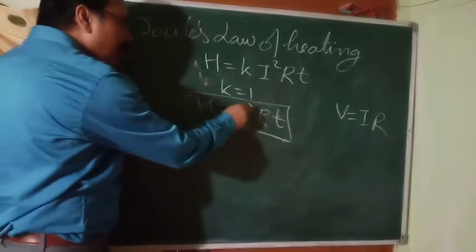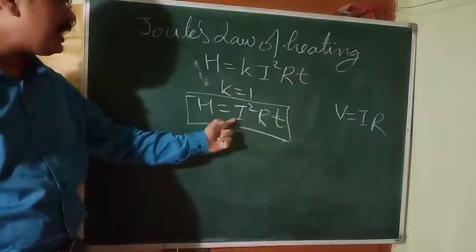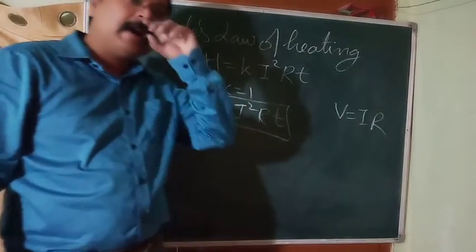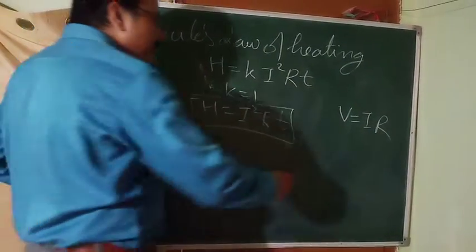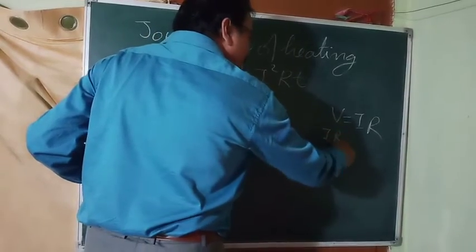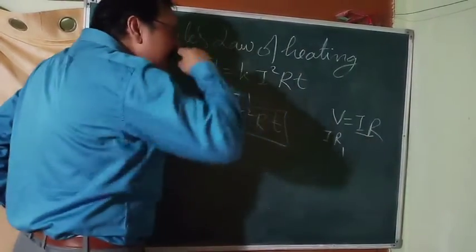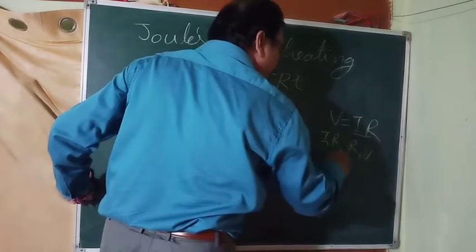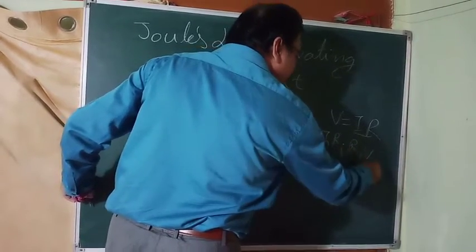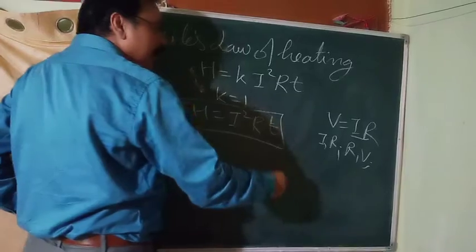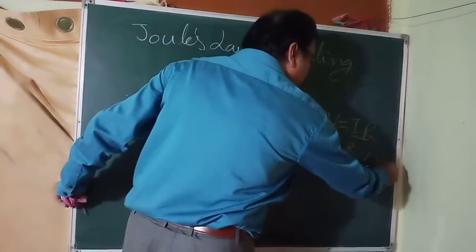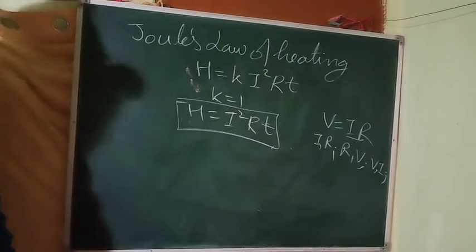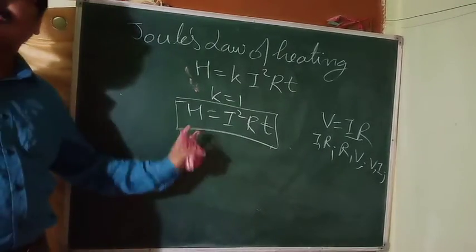Only 2, I and R. Now, if you are taking 2 variables at a time, how many pairs can you make? First pair, I, R. Second, R, V. Third pair, V, I. So, 3 pairs are possible, so you can have 3 equations.